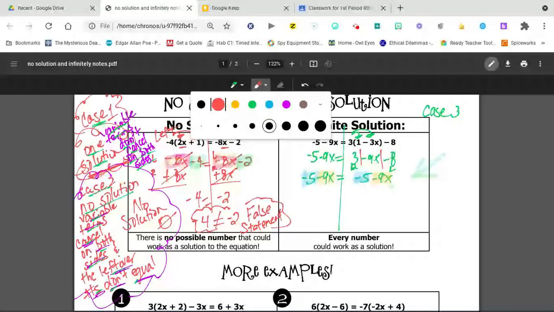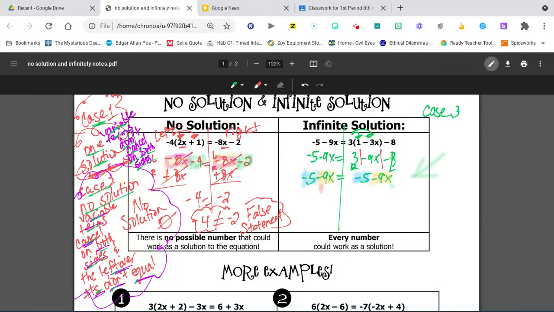So I'm just going to solve this like a regular problem. If I get rid of the variable from one side, I just need to change the sign. But what's left is negative 5, because these cancel, equal to, and again, these cancel, negative 5.